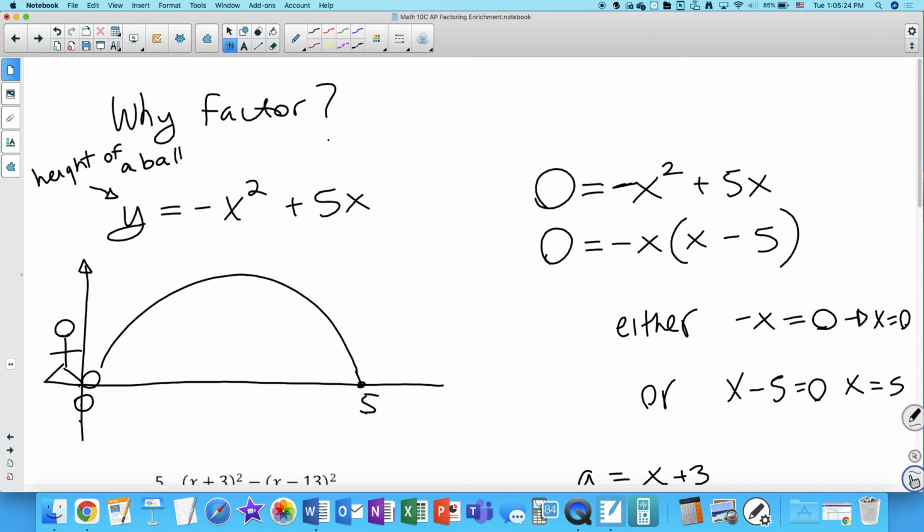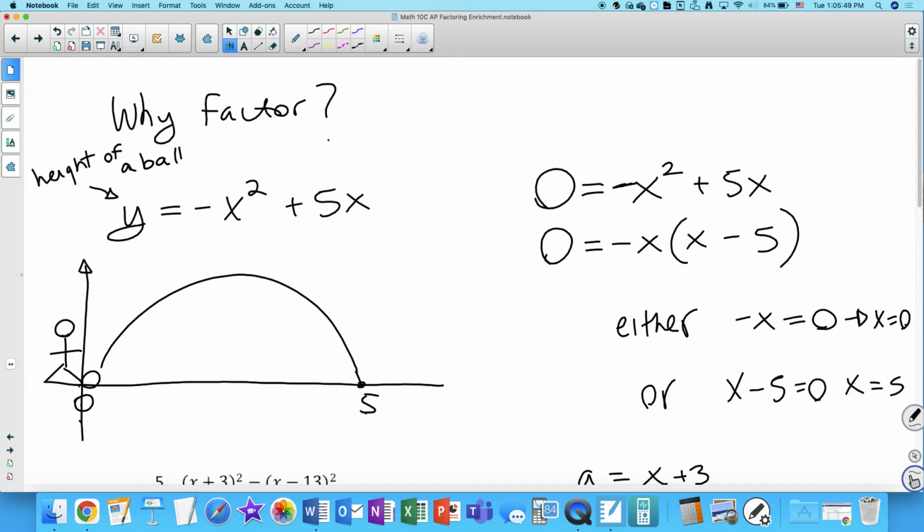So factoring can be a useful way, and this is just one example, for us to find out information about a situation. Yes? So it's basically another way to manipulate formulas to get your answer? Yeah. Sometimes we don't want it factored, and sometimes we do.